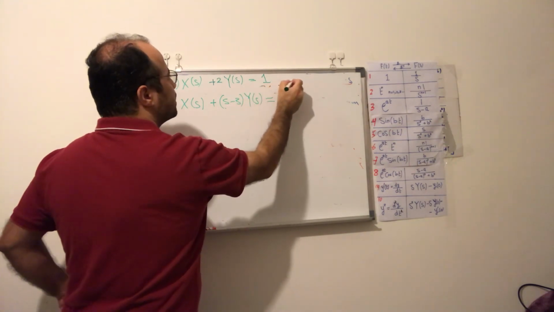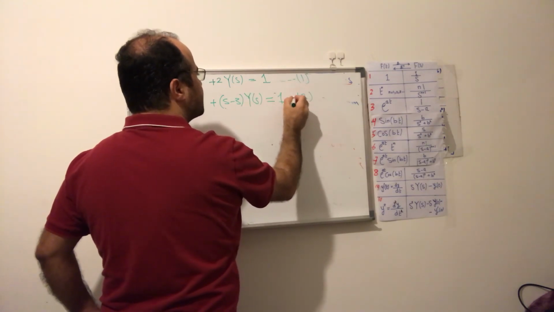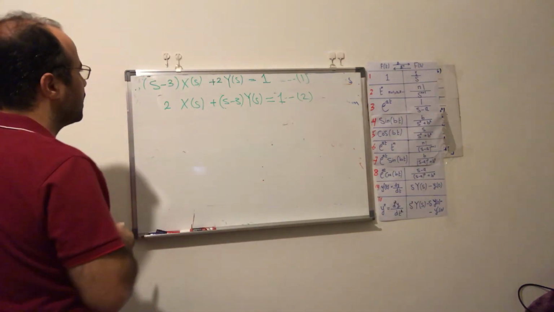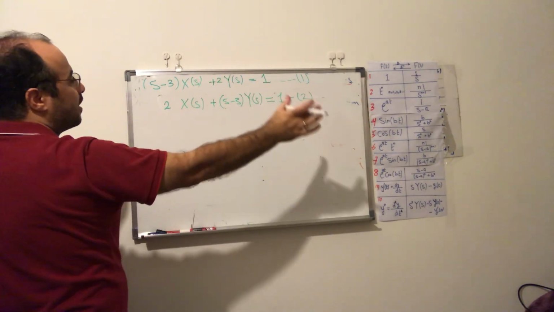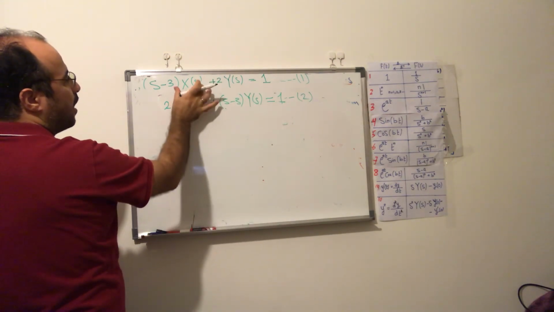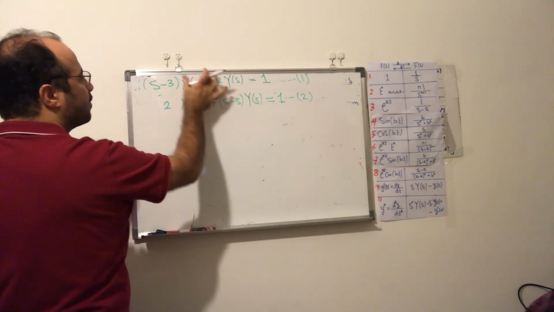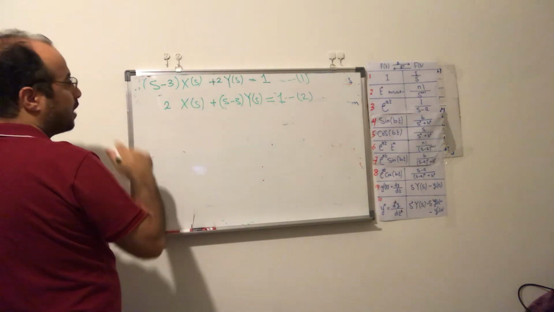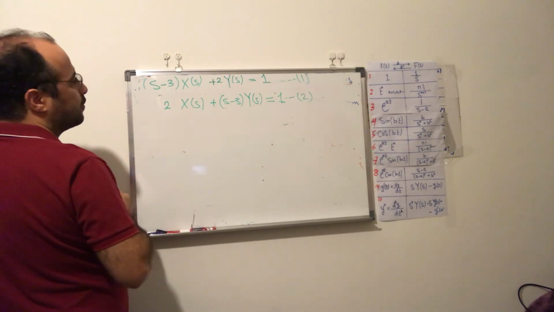So this is equation number 1, the Laplace transform for the first equation. This is the Laplace transform for the second equation. Now I'm solving in the s domain, or the frequency domain. So I'm looking for big X and big Y. Then I will look for small x of t and small y of t.